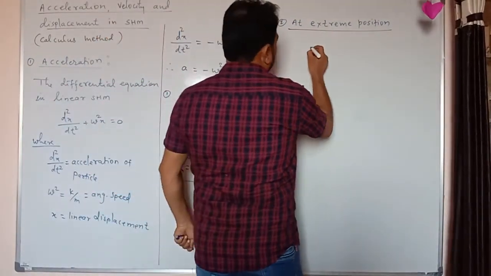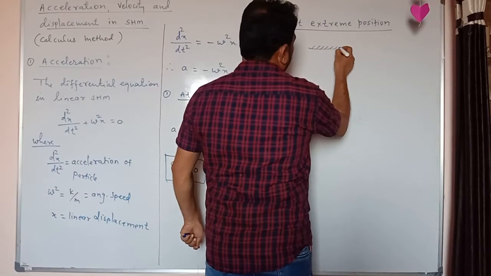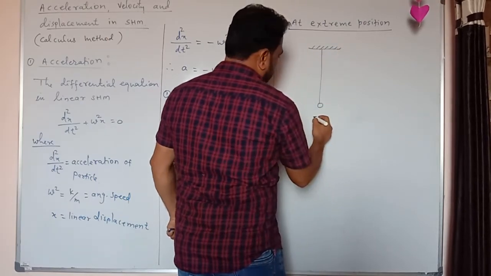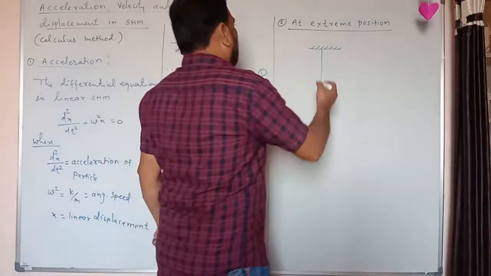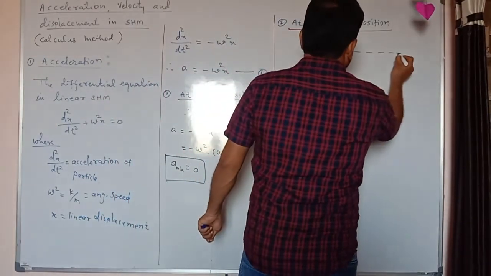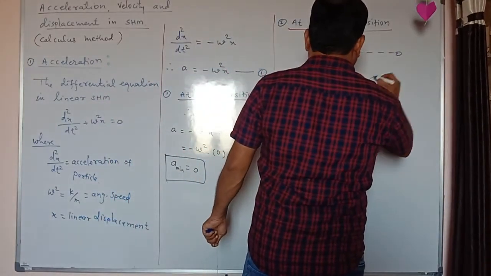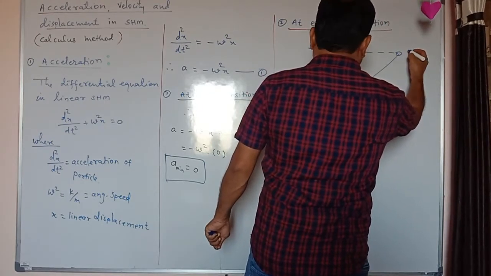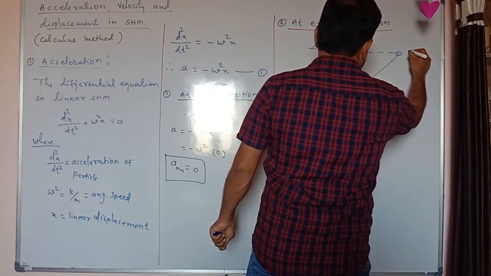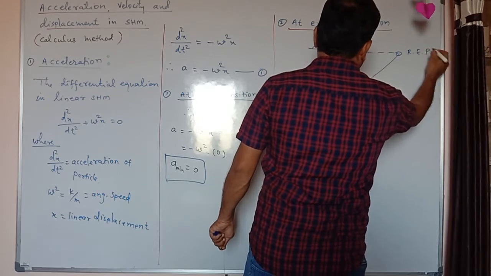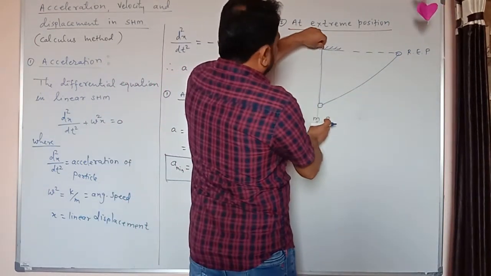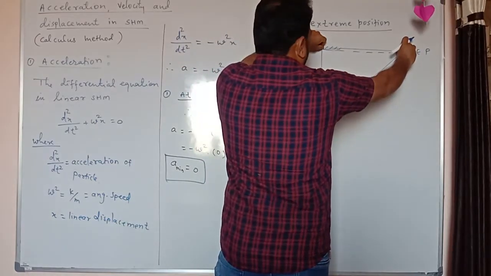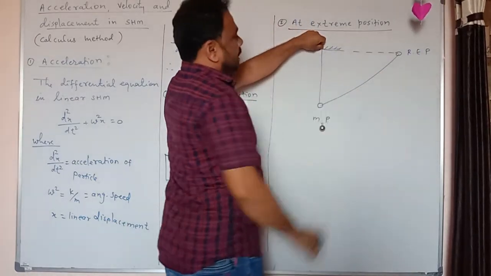Suppose this is the simple pendulum at mean position, so this is MP, that is mean position. And if the particle or object is at right extreme position, then the angle of inclination is here 90.